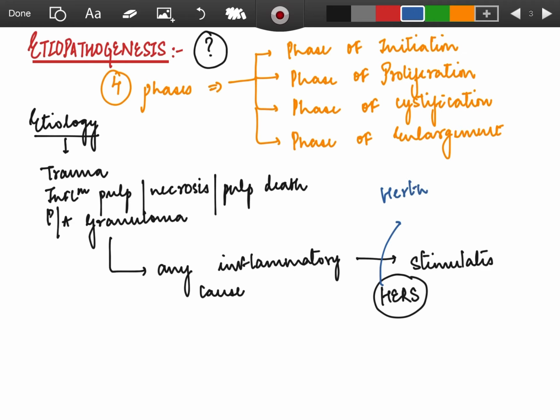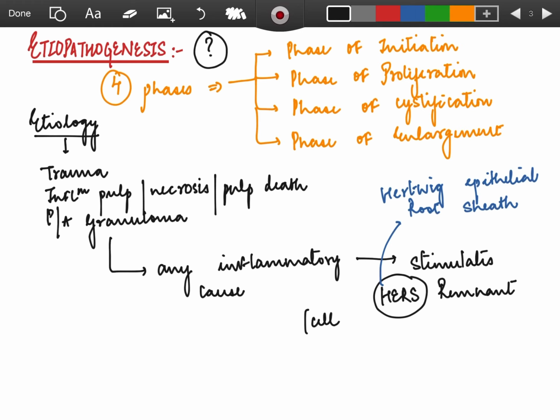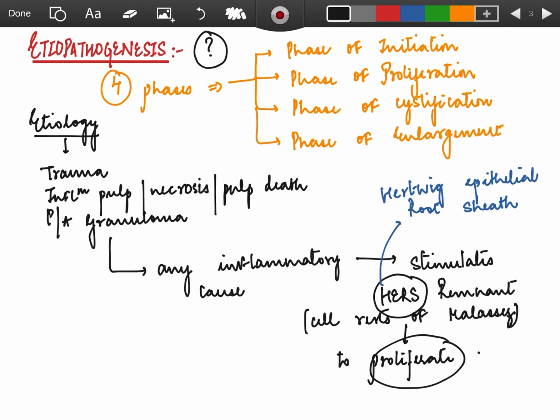Hertwig epithelial root sheath is responsible for the formation of the tooth root, and its residues are called the cell rests of Malassez. They start proliferating in response to the inflammation of the pulp. So this was all about the phase of initiation.